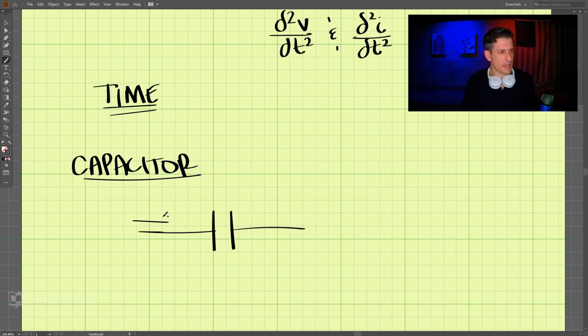And let's say we have current going this way, and we write our sign convention in the passive sign convention, going from plus to minus here. And we have the voltage across the capacitor. Let's call that VC, and we'll call this IC for capacitor.